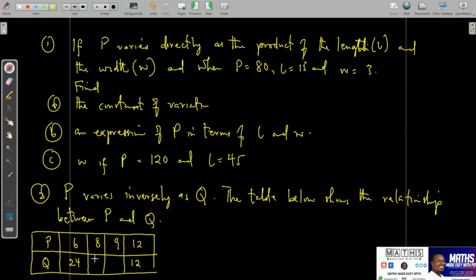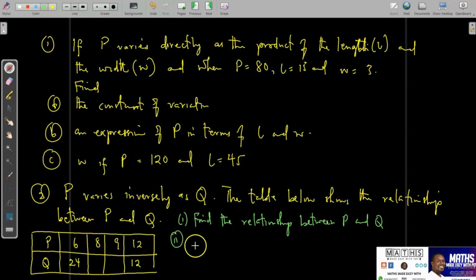Now let me write the questions down. Find the relationship between P and Q. Then find the value of the constant of proportionality, or in other words, the constant of variation, which is the same.